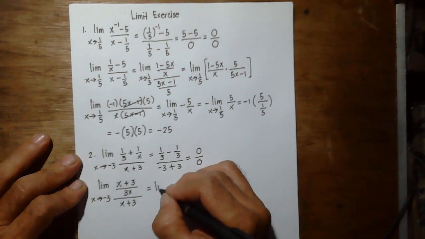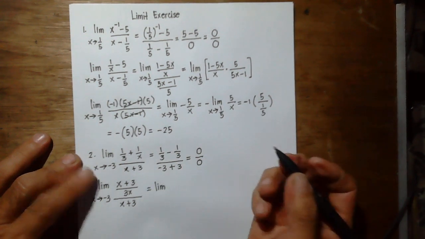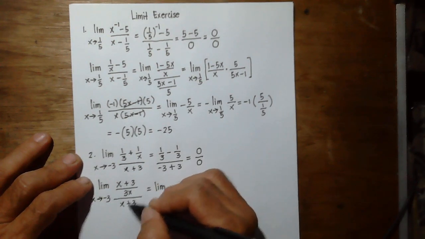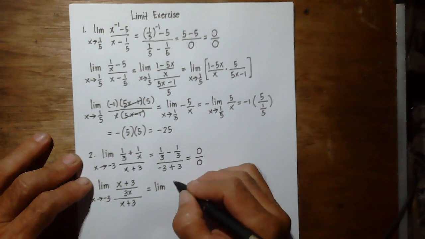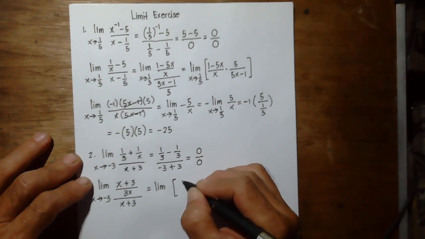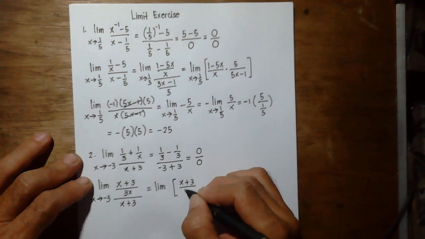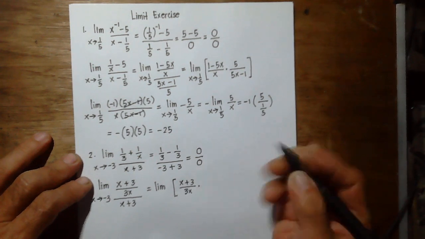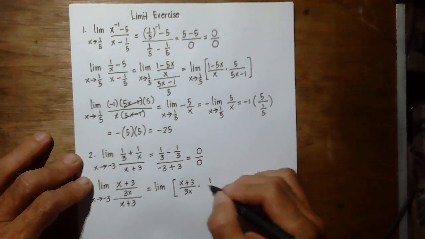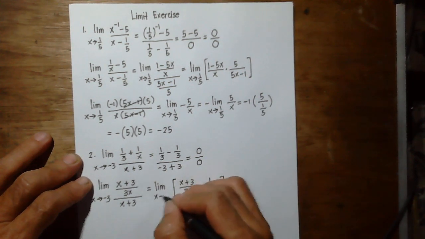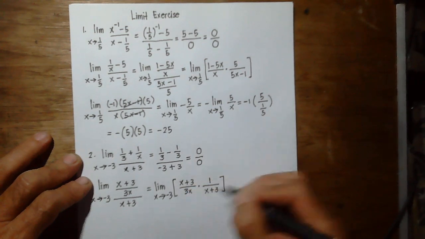Simplifying further, we multiply this numerator by the reciprocal of the denominator. So we have x plus 3 over 3x times 1 over x plus 3 as x approaches negative 3.